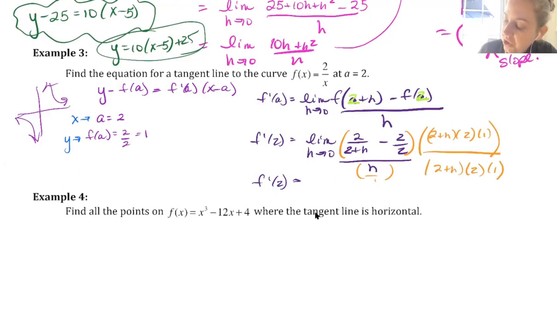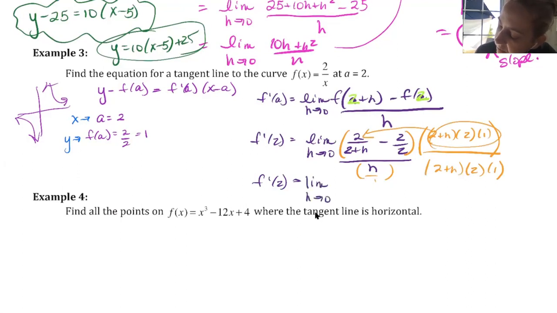But everything in orange here now gets distributed to this first piece. So everything here gets multiplied here. And what happens is the 2 plus h cancels out. So I am left with 2 times 2 minus, when I distribute to the second one, the 2's get canceled out.